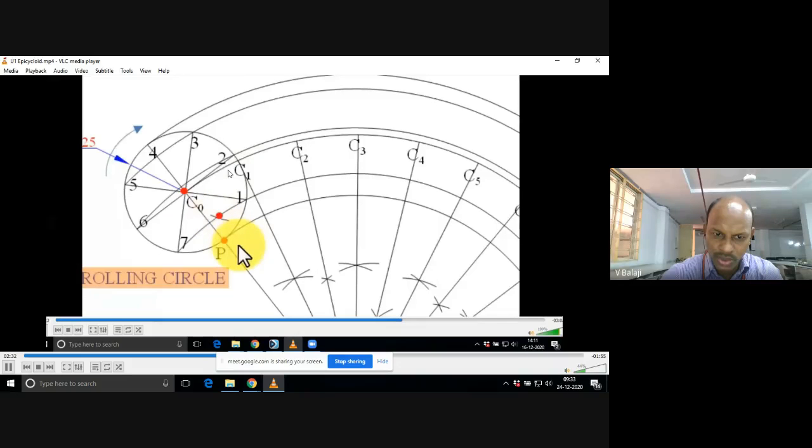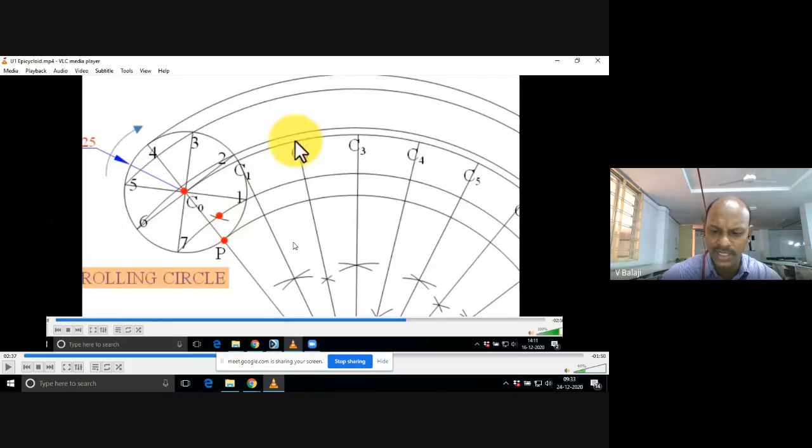Don't confuse with the arc 2 6. So this is the first generated point with the help of the radius 25 compass. I have taken center C1 and cut the first arc 1 7.